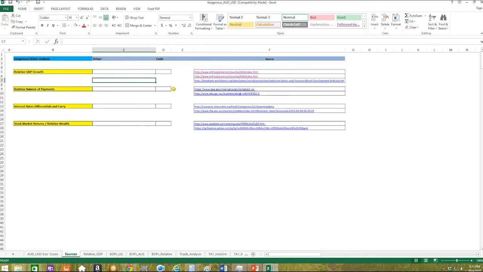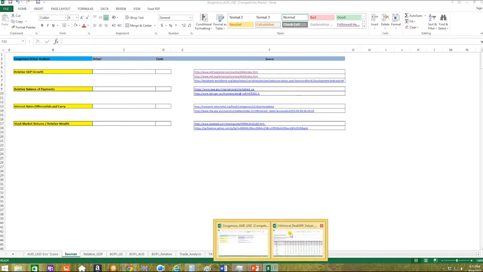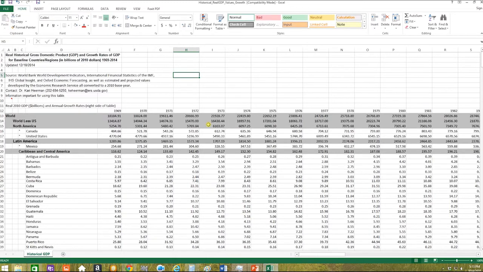Over here, what we're first going to do is show you how we got the data for every country in the world. So if we go over to our other sheet here, historical real GDP values, this data is coming from the World Bank. And what you have here is global GDP.